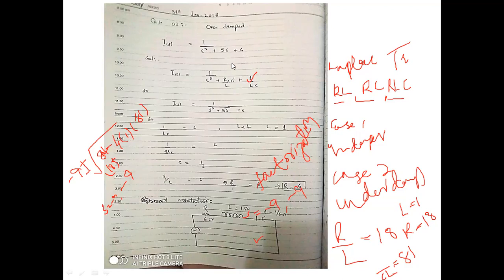Again assuming L is equal to 1 in order to find the R and C values, you will get R is equal to 5, and C is equal to 1 over 6. So now R is equal to 5, L is equal to 1, C is equal to 1 over 6.